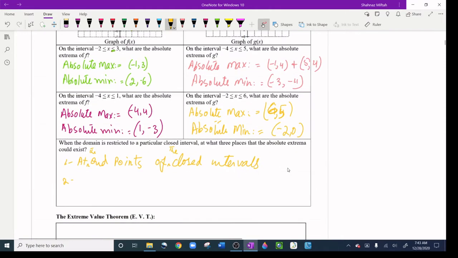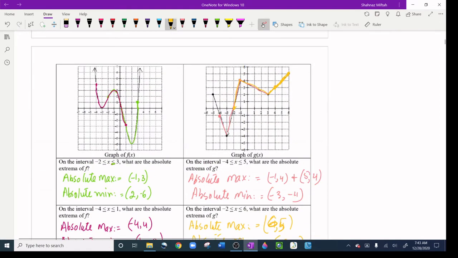And also absolute extrema exist at any x value where f prime of x is equal to 0 or undefined. That's where absolute extrema exist, because if you check this portion up here, I'm just picking this graph randomly, this portion is undefined.